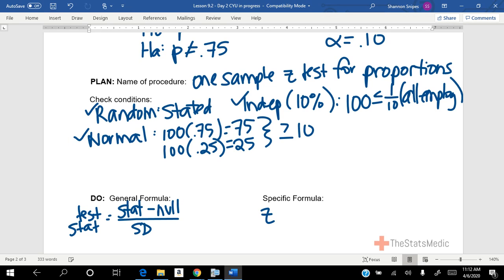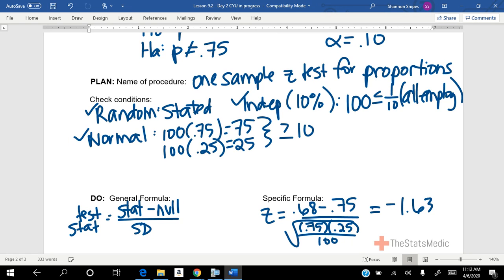So more specifically, Z equals the statistic minus the null hypothesis divided by the standard deviation. So that's going to be the square root of 0.75 times 0.25 divided by 100. And so your Z score is negative 1.63.